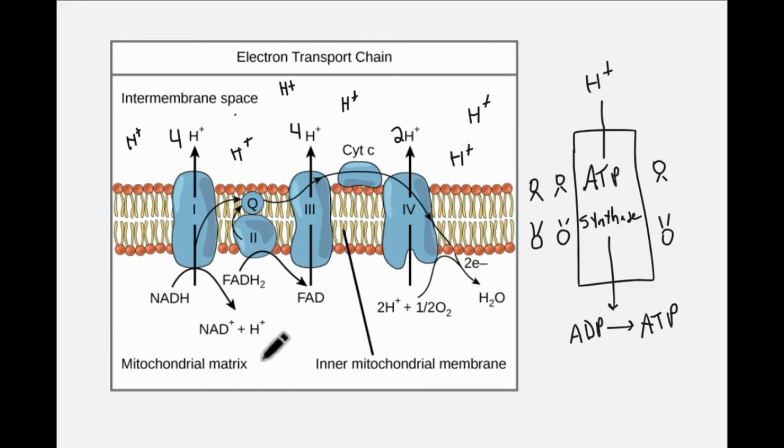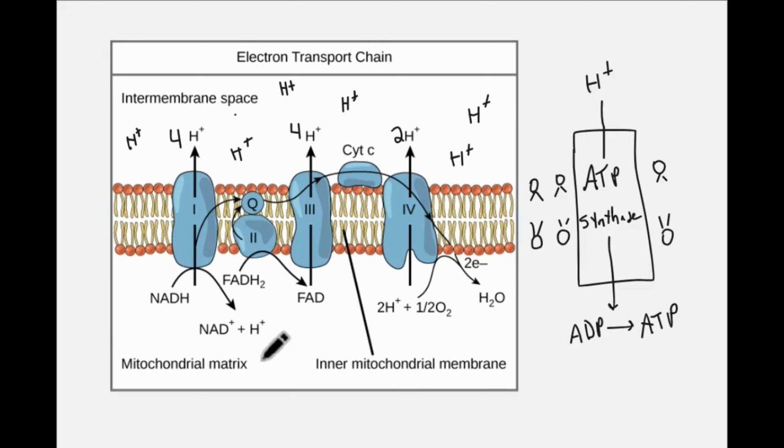So naturally speaking, the protons are going to want to move from areas of high concentration, as in the intermembrane space, to areas of low concentration, such as the mitochondrial matrix. I can use the ability of protons wanting to flow down their concentration gradient in order to make ATP. And the way we do that is we have another molecule called ATP synthase, right? And it has the ability to let protons flow through it.